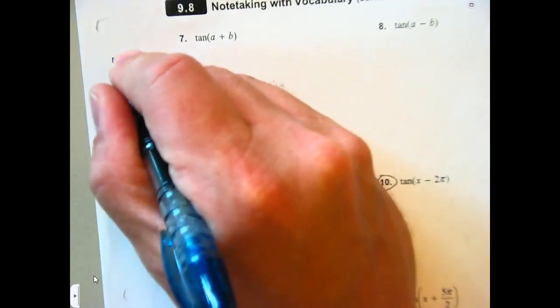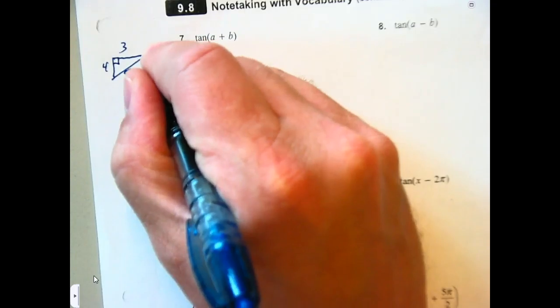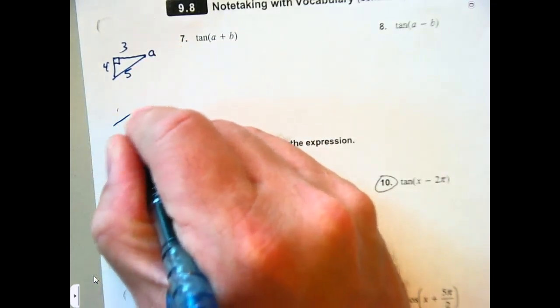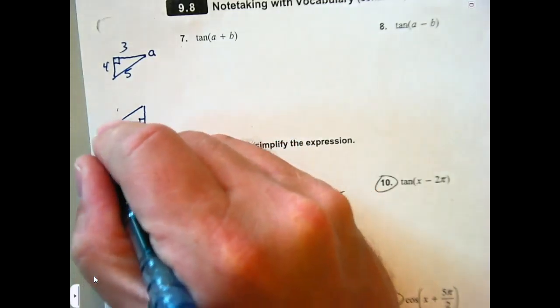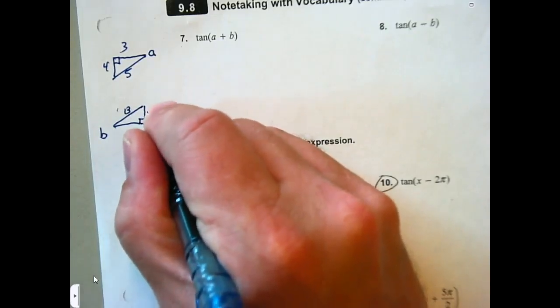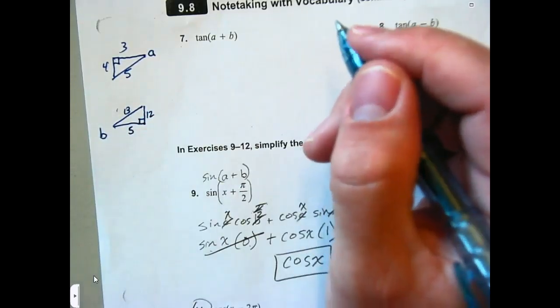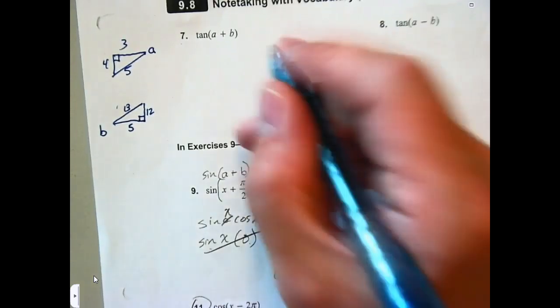You're still using these triangles. So it's important to know your formula there.